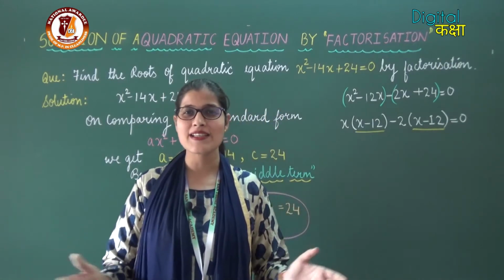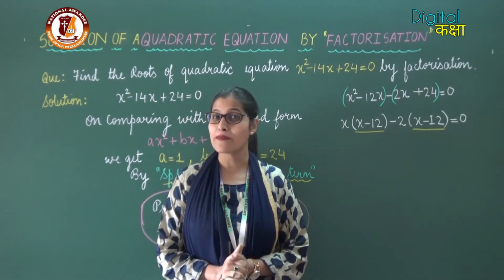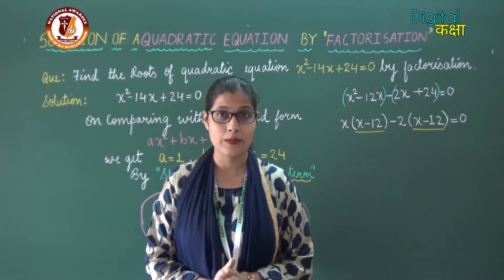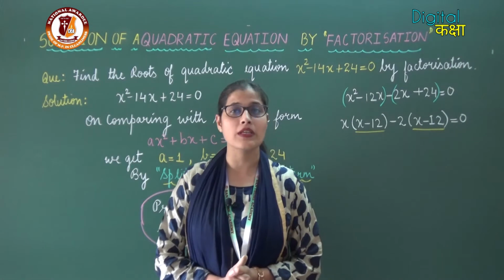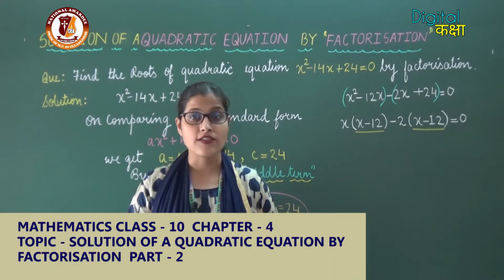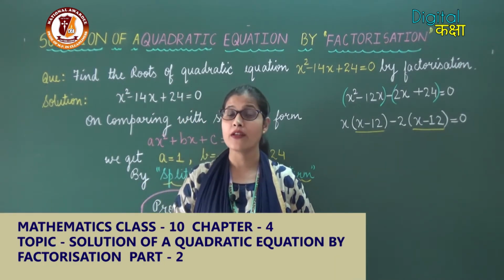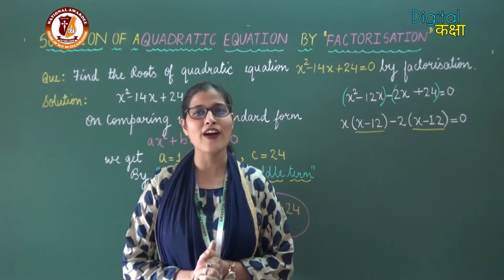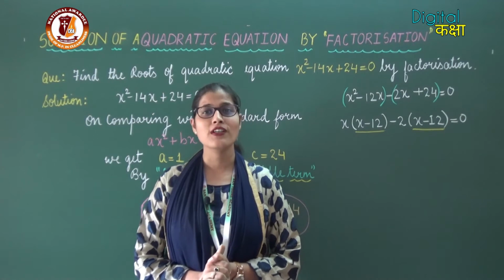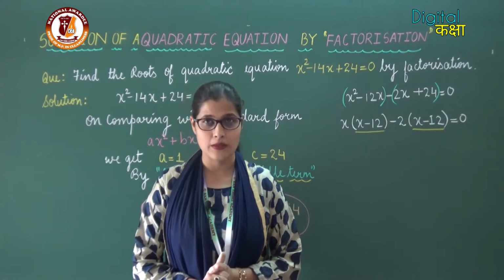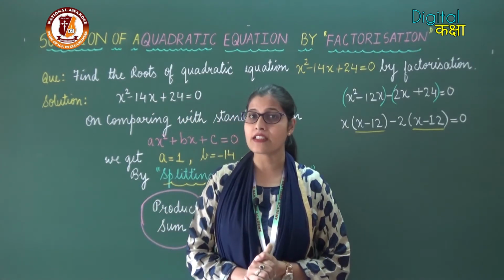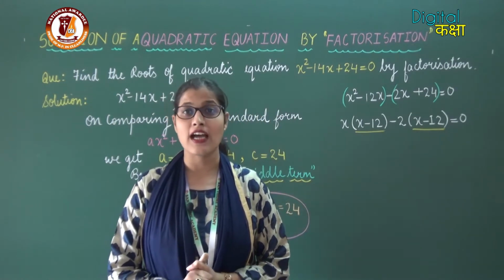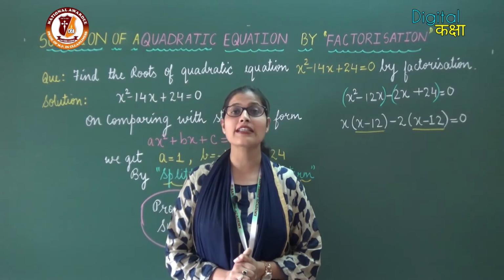Hello students, welcome back to chapter number 4, which is quadratic equation. As we have studied previously about the quadratic equation, we have also discussed the methods of finding the solution of the quadratic equation. We have discussed that there are 3 methods of solving the quadratic equation to get its solution.